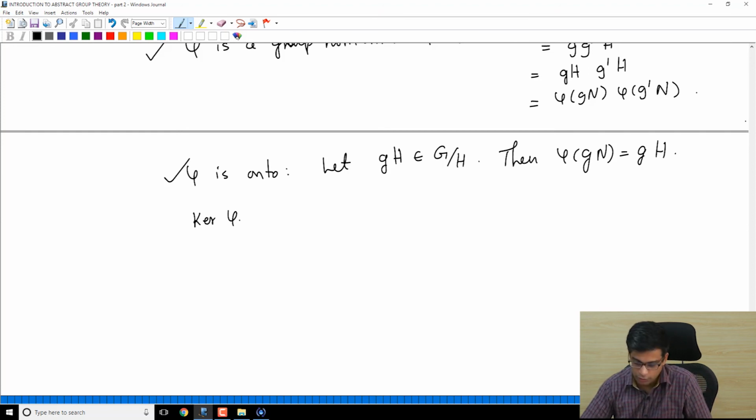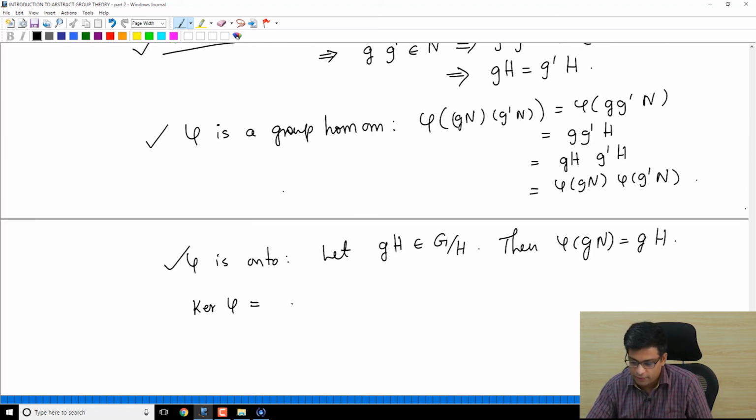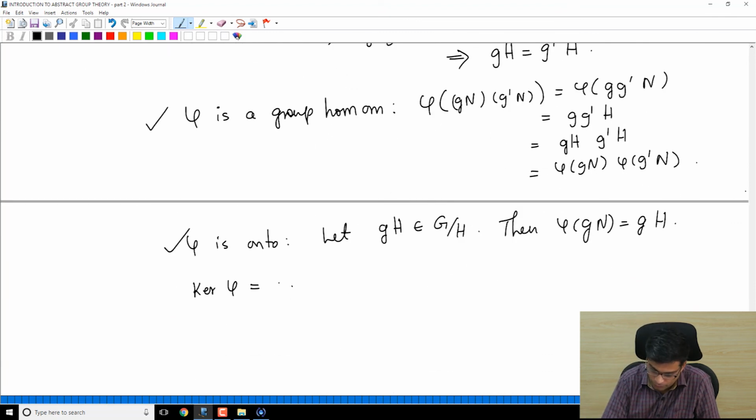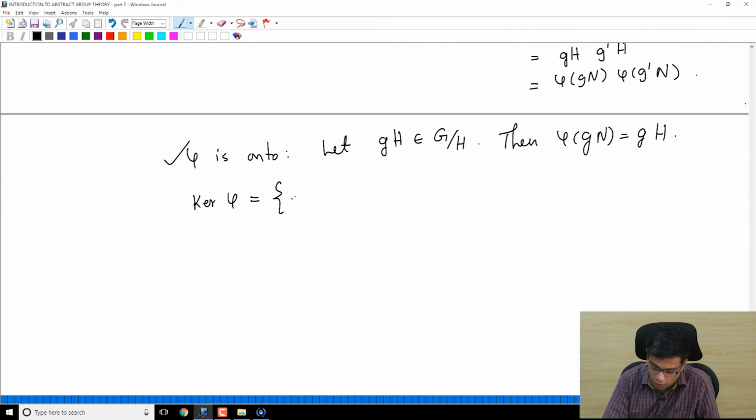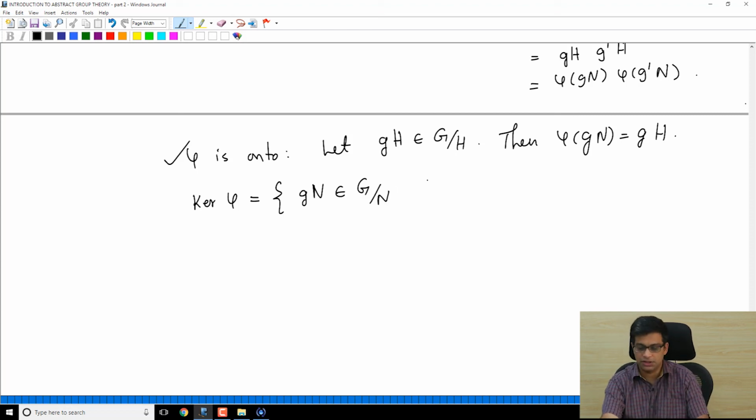What is the kernel of φ? This is what we have to check now. Okay, so the kernel of φ is by definition all elements of G/N, which are denoted by gN. Remember, these are cosets.